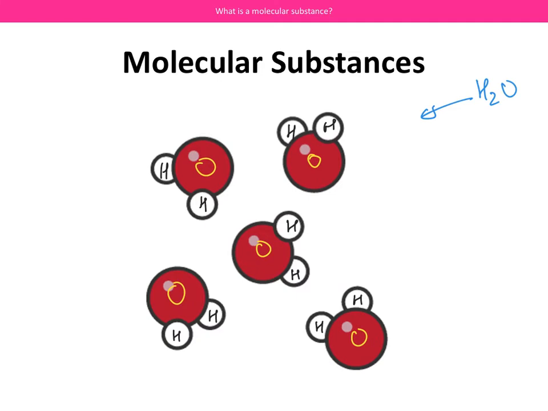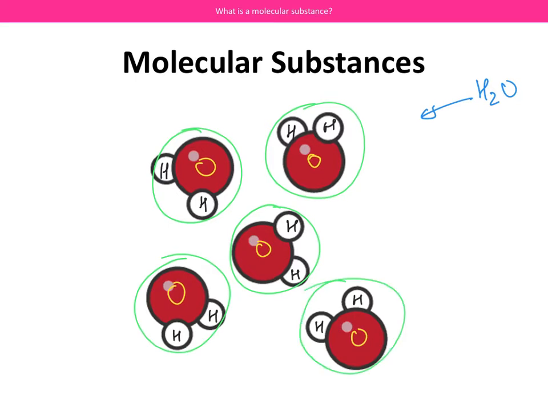One of the things to say is that you can have many molecules of the same substance, and this is now an extension of our particle model. Each one of these molecules is a particle. Inside the particle we have an oxygen chemically combined with two hydrogens, and between the particles we just have very weak forces of attraction.